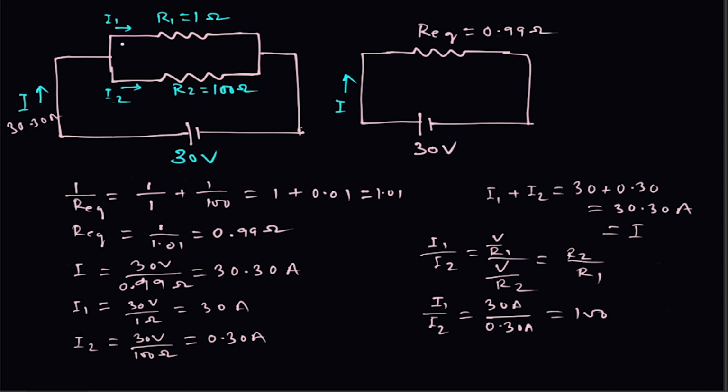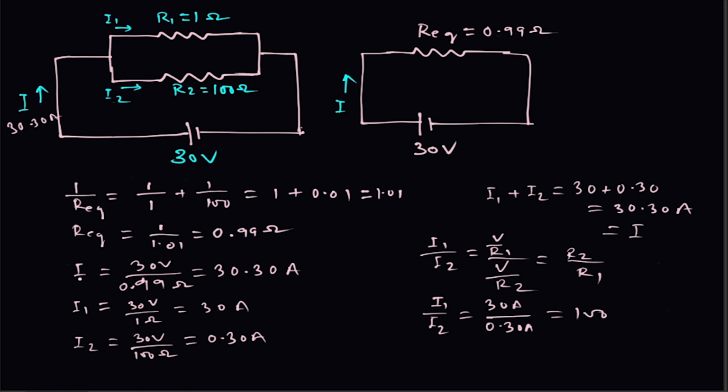Because the resistance, one having the low resistance, the current will be more, and one having high resistance, the current will be less. Here R2 is 100 times of R1, that's why I1 is 100 times of I2. Also you can see that R equivalent, that is 0.99 ohm, is less than both R1 and R2.